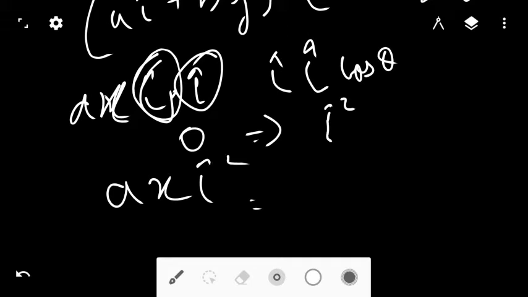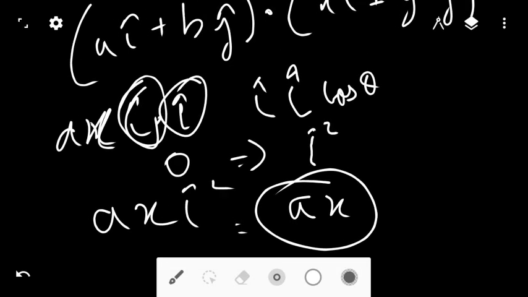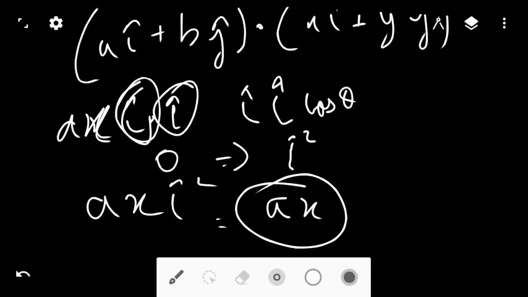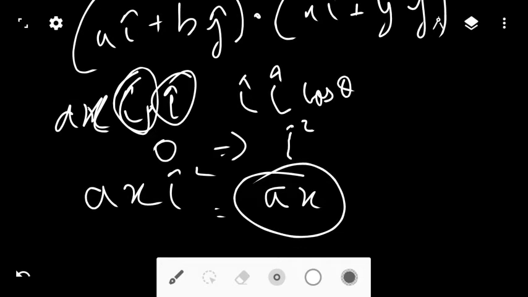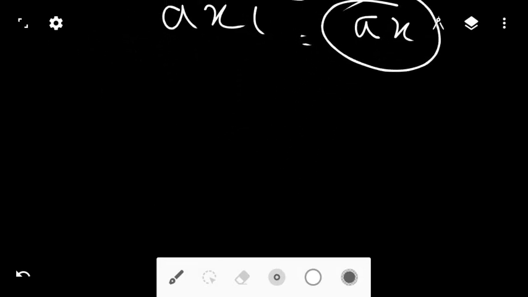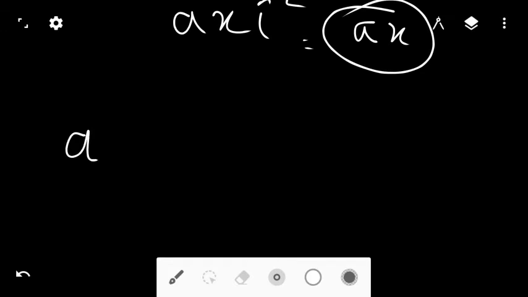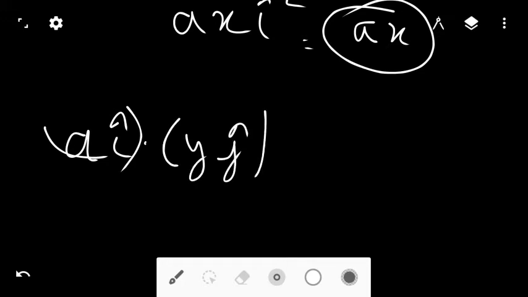So this will just come out as a x. This is how you multiply the same unit vectors like i cap and i cap, but if you multiply different vectors like i cap multiplied by y j cap, this will come out as 0.